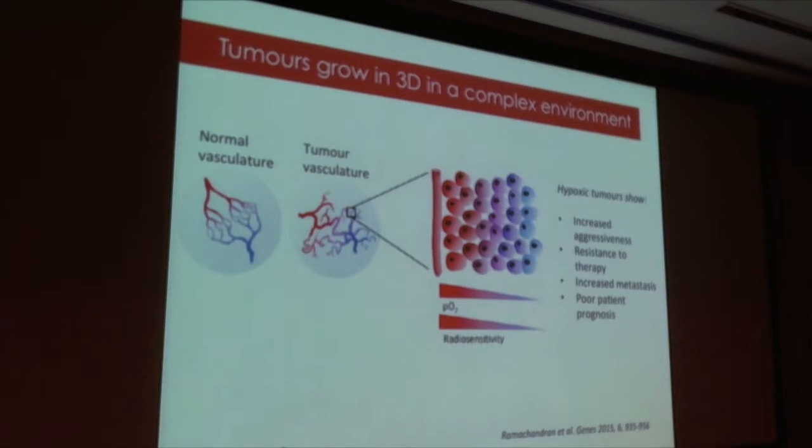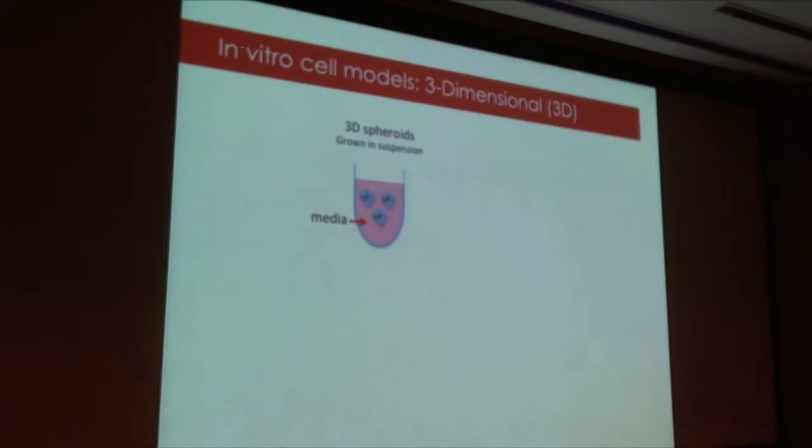But one of the advantages is that we can partially start to mimic this in vitro. We've been doing a lot of work with three-dimensional models, and this particular one is where we grow the cells in a suspension.